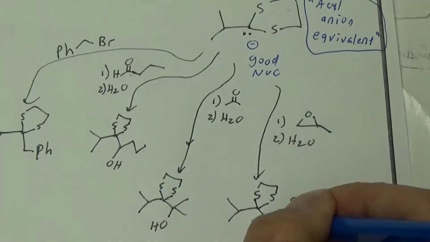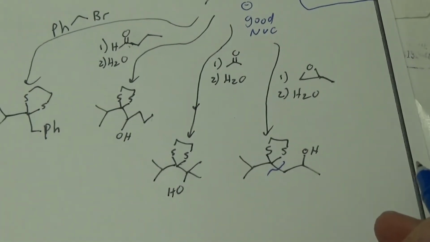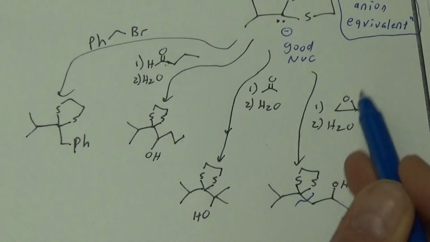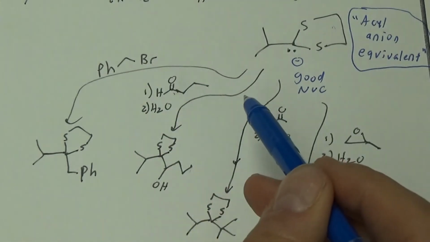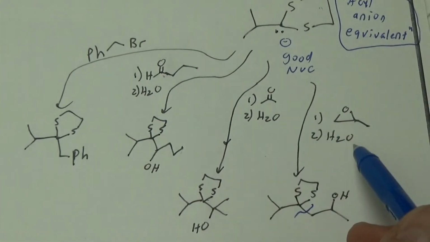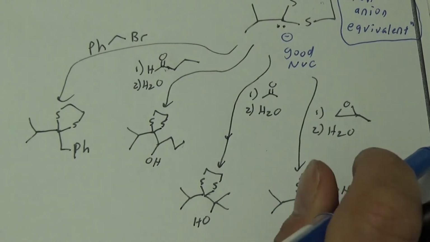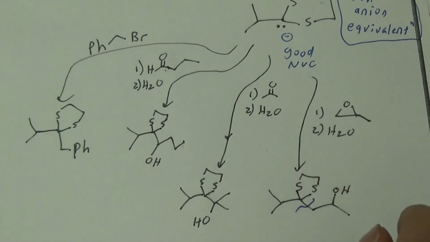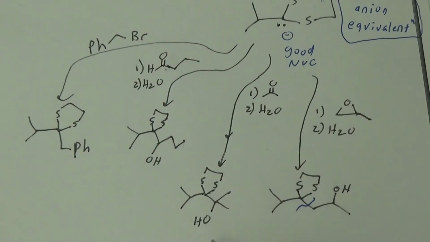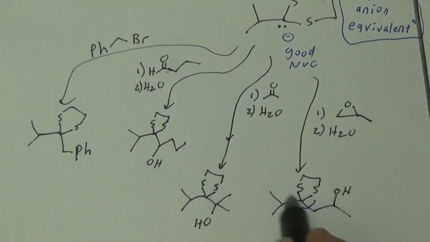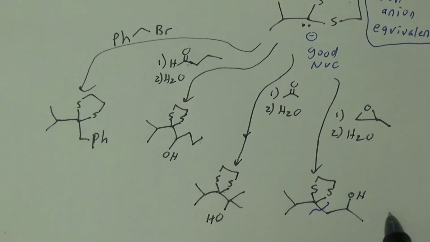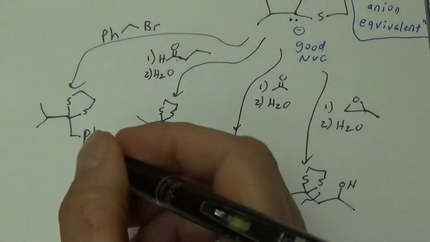We just made this bond, right? Okay, so those are some of the things we can attack: alkyl halides, aldehydes, ketones, and epoxides. All right. And then once we do that, we can return the thioacetal back to a ketone. So I'll just do it for this example.